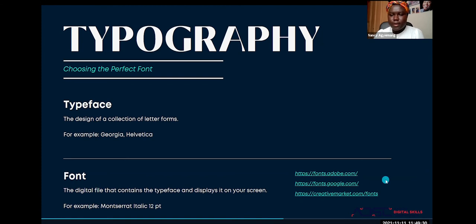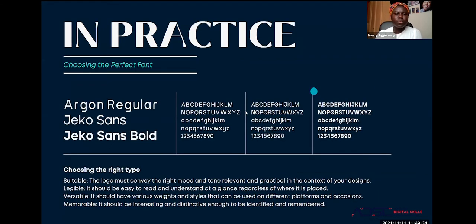So let's work with our logos. For our brand in practice, we are trying to go for something that is fun and also friendly, but at the same time, we remember that we are dealing with finance. So our logo must convey the right mood and also the right tone, relevant and practical in the context of our design.